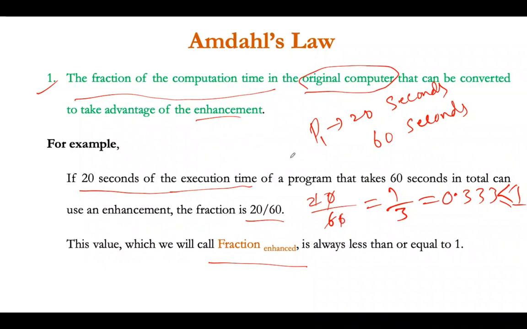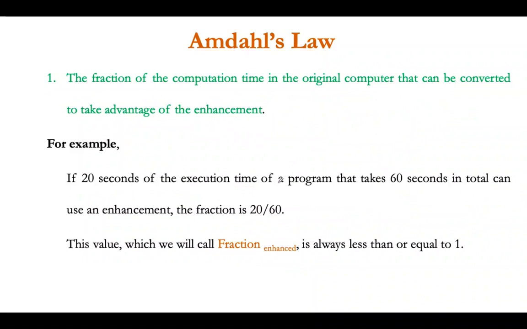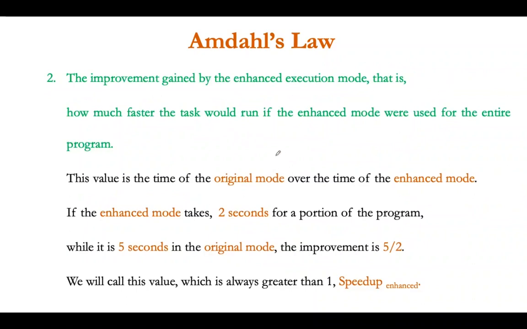Okay. The second factor is the improvement gained by the enhanced execution mode, that is, how much faster the task would run if the enhanced mode were used for the entire program.